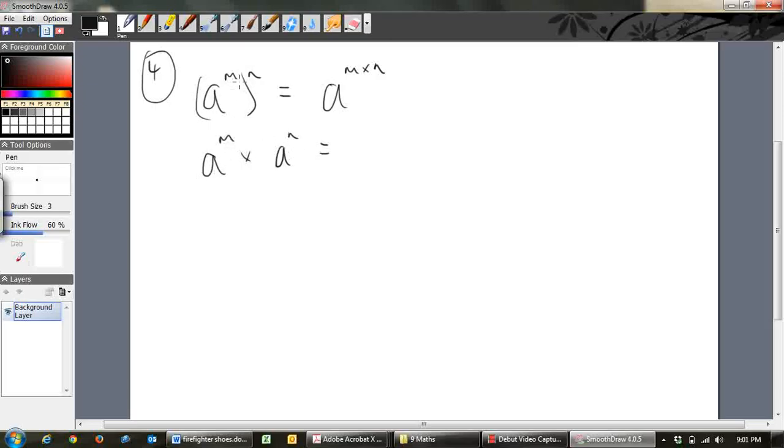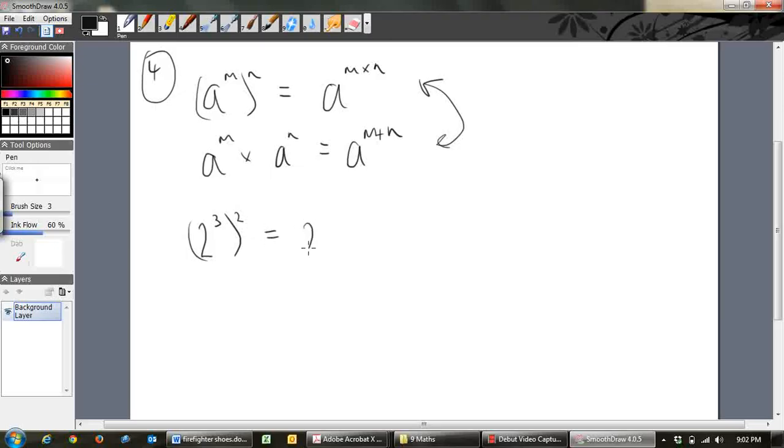We're timesing 2 powers together there. In this case, we're raising the whole power to another power, and so that's when you multiply, and that is when you add. So you really need to see the difference between those 2 cases. This is index law number 4. Why does it happen? Well, let's say you've got 2 cubed and you raise that to the power squared.